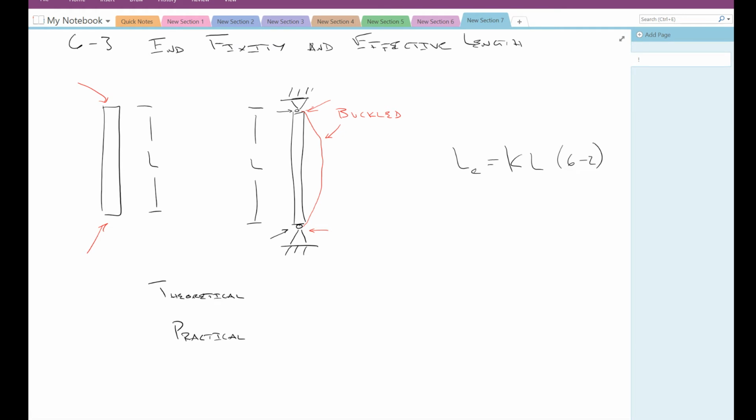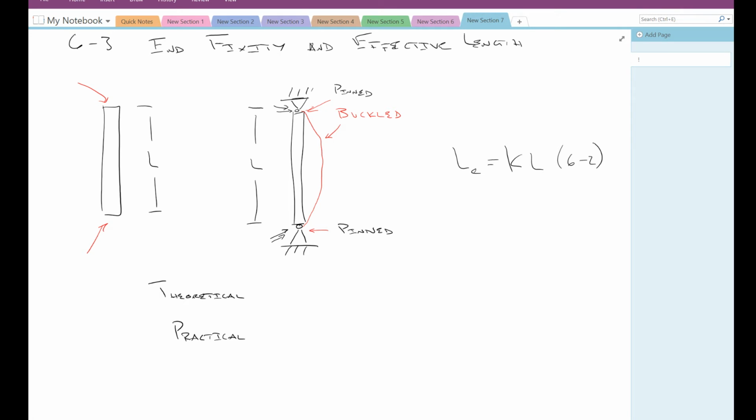Our conditions are fixed at either end, here and here. So this is called a pinned end. So we call this a pinned condition. And this is our base condition, right?